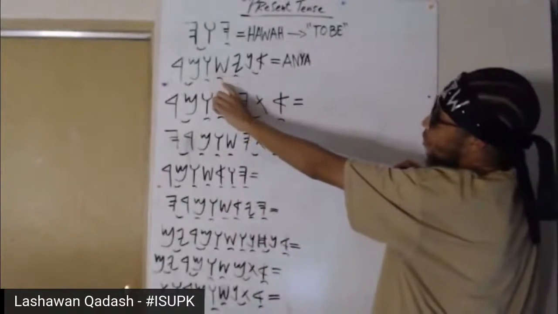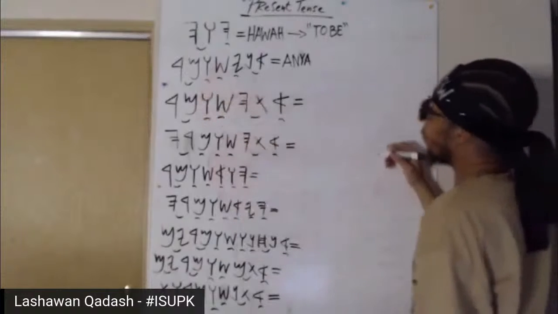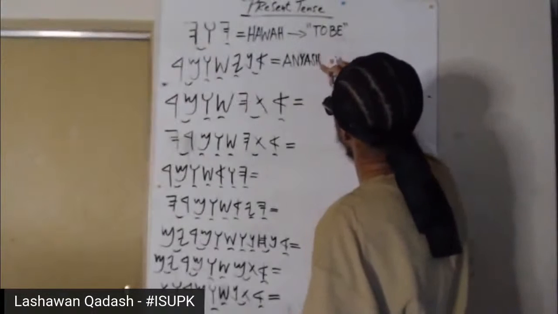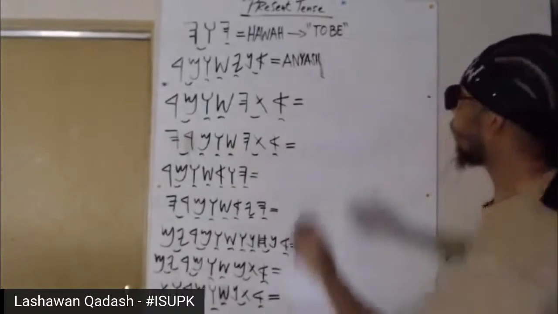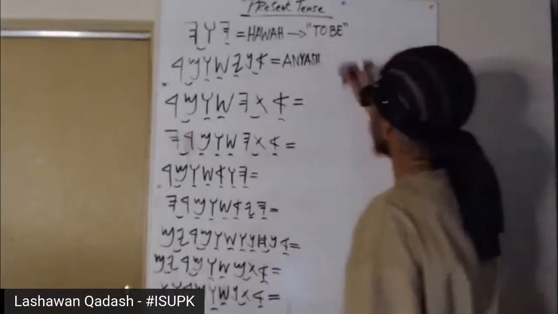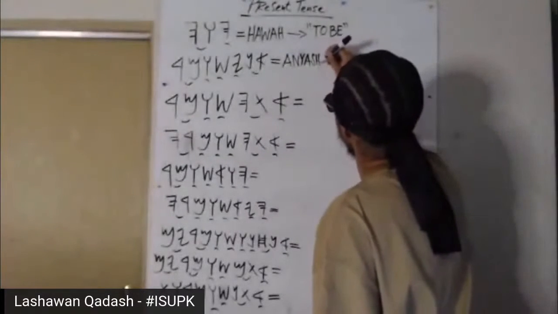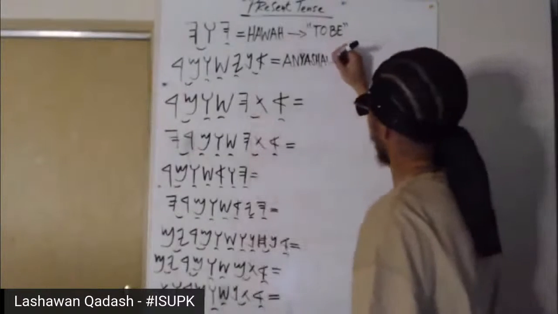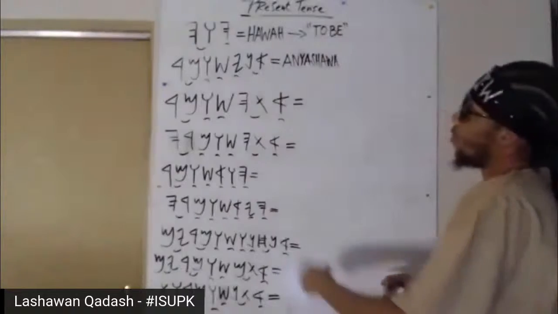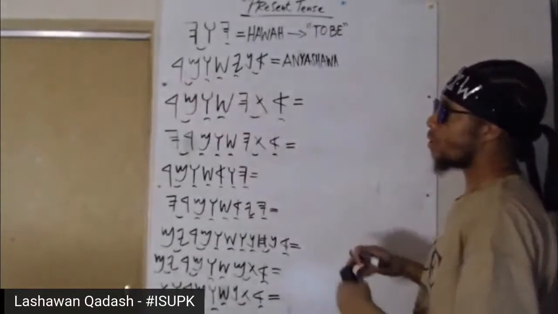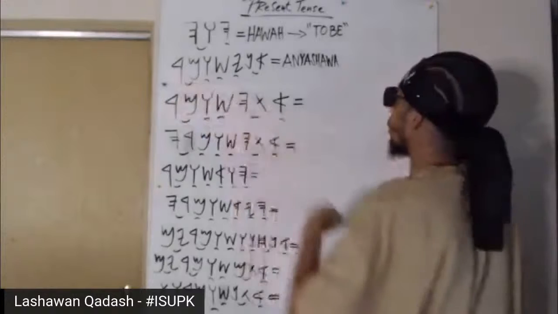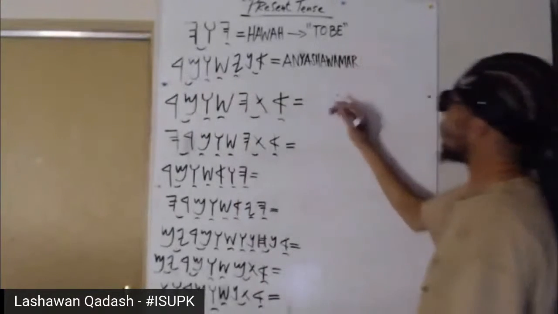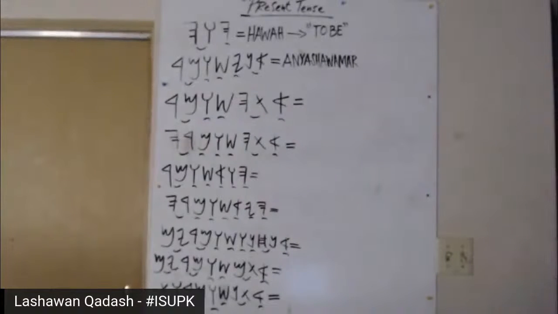And then you have the sh and the wa by itself, S-H-A, and then the wa, which is W-A. And then you have the ma and the ra, which is mar, because towards the end of the word, the A drops off. So M-A-R. You have mar. Anya Shawamar.